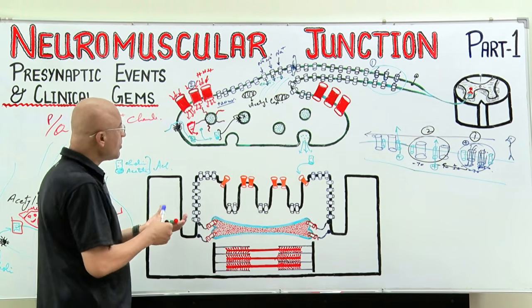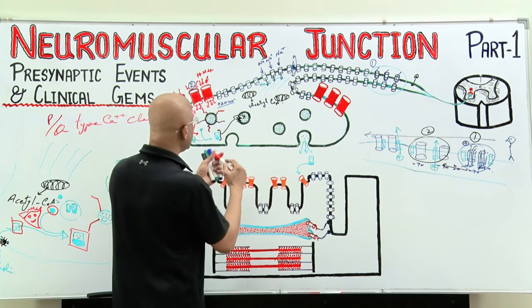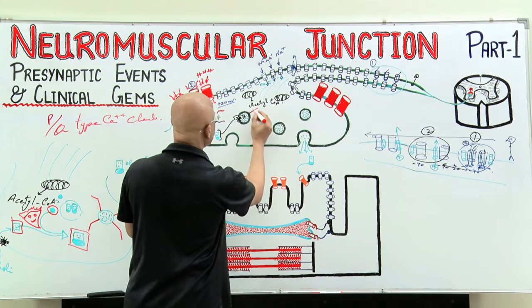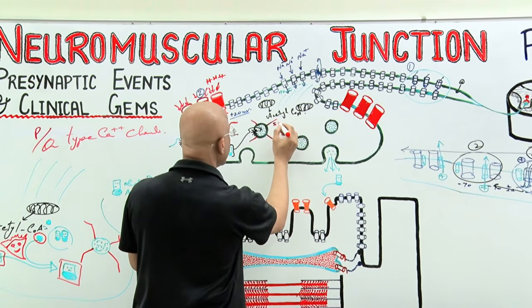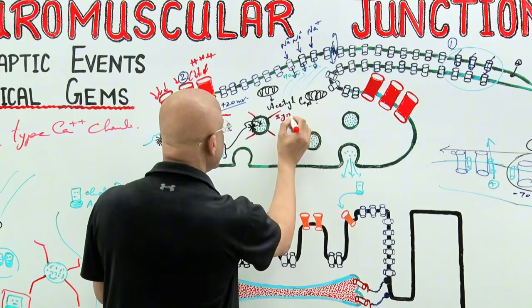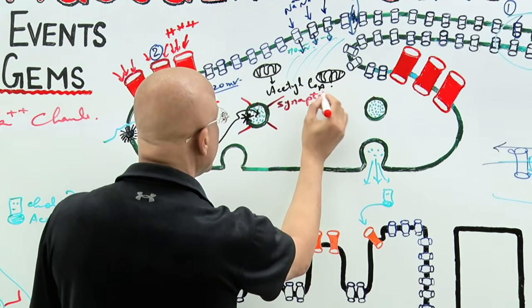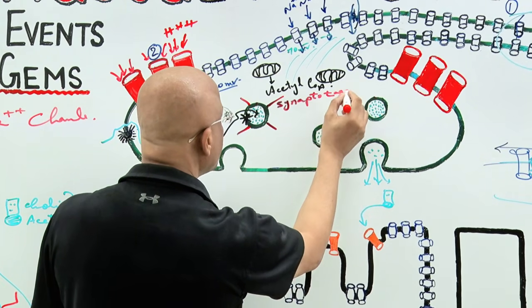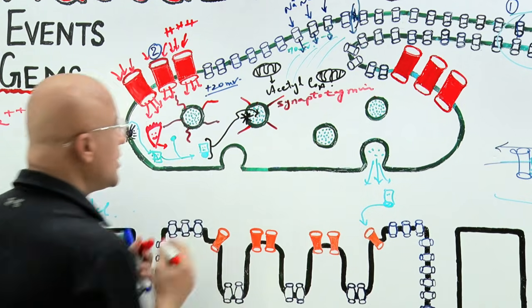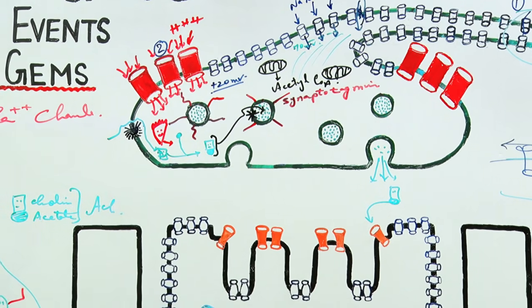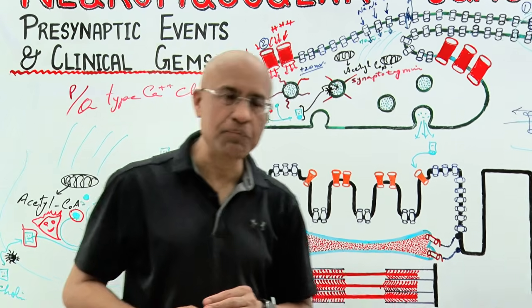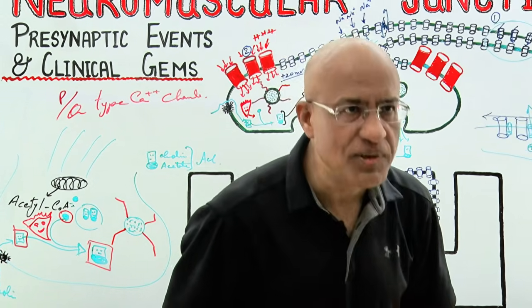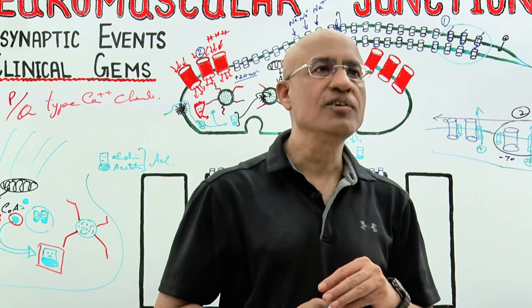Now what is calcium doing? Remember, there is not only this. First of all, the name of this protein is synaptotagmin, because these synaptic vesicles are tagged with these proteins, so these are called synaptotagmin.